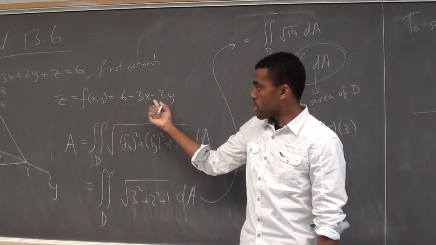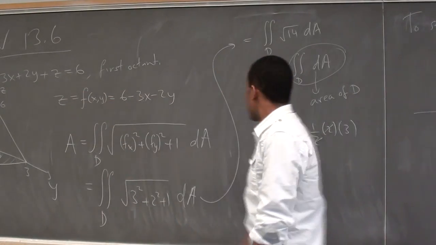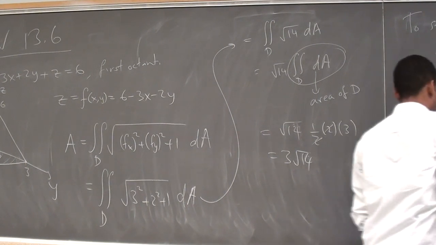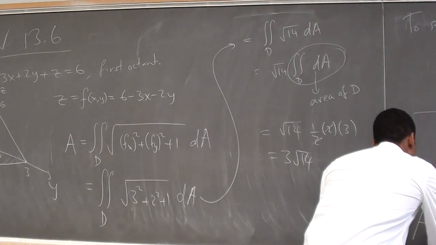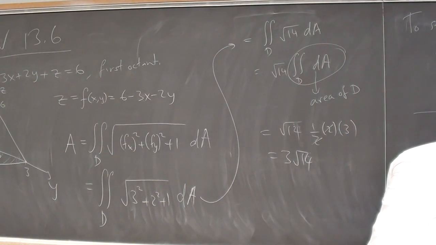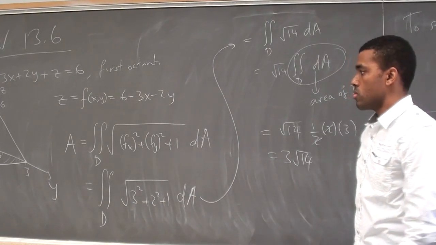That's the curve in the xy plane, so you plug in z equals 0, which gives 3x plus 2y equals 6, or y equals 3 minus 3 over 2 x. So your area would be the integral from 0 to 2, from 0 to 3 minus 3 over 2 x, of radical 14 dy dx. We're free to use any formula we want as long as we get the right answer.